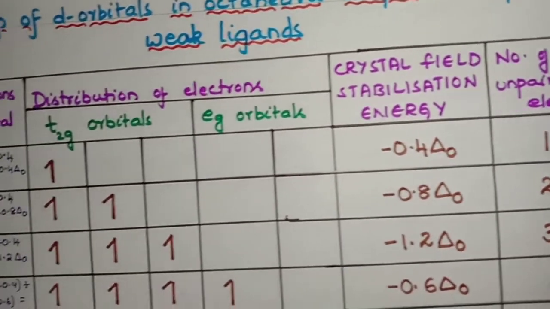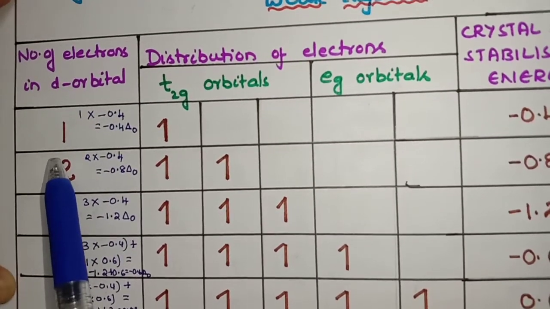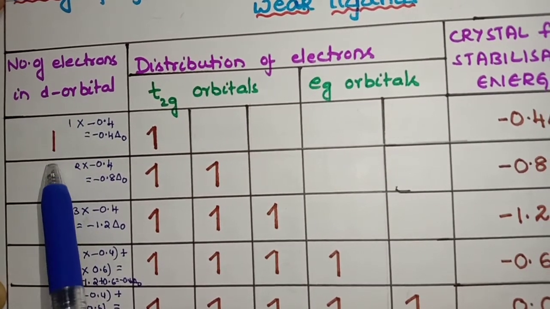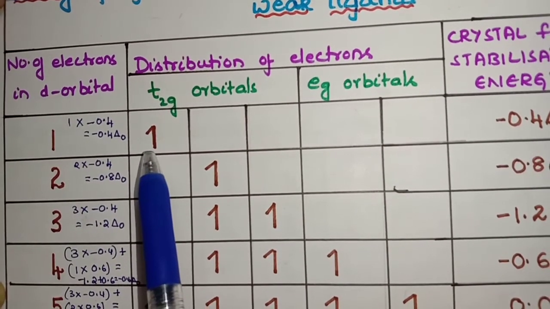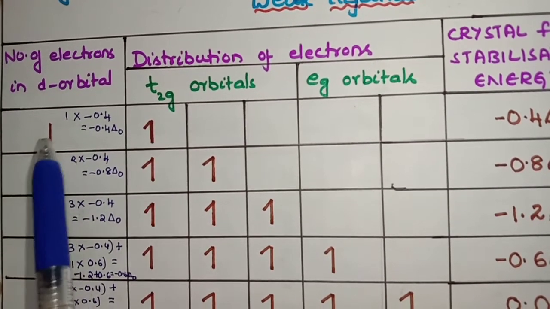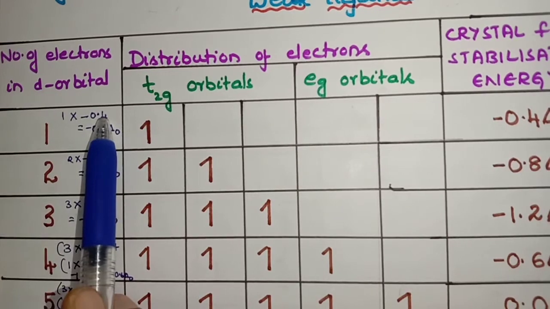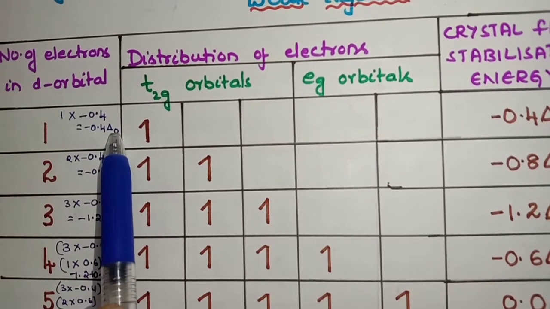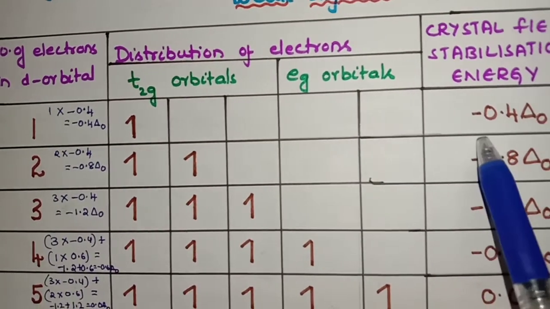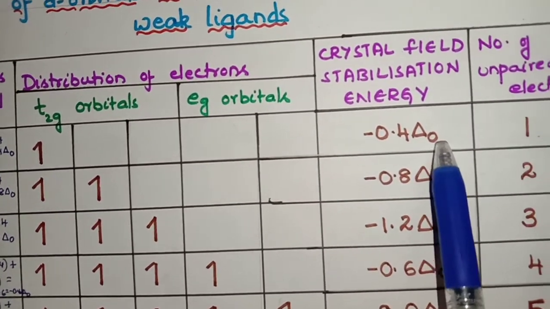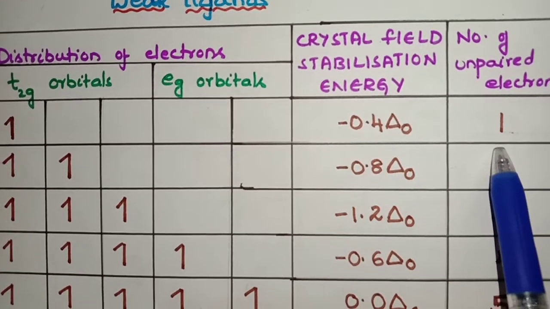Students, to start with the first one, if the number of electrons in d orbital is 1, it enters into the first t2g orbital and its CFSE is 1 into minus 0.4, equal to minus 0.4 delta O units. This is what I mentioned here, minus 0.4 delta O, and the number of unpaired electrons is 1.